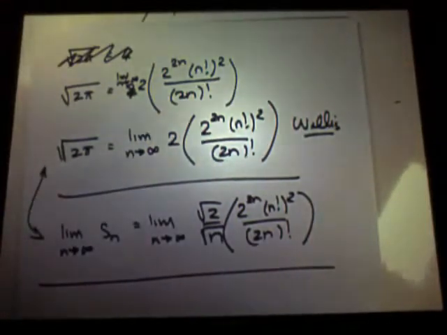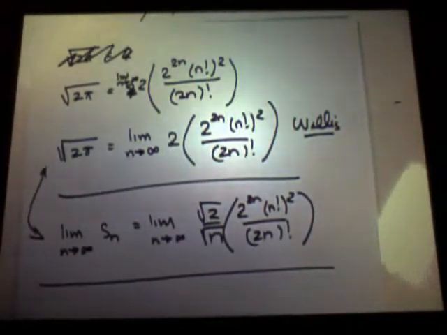Remember, the limit as n goes to infinity of S_n is the limit of n factorial over n to the n square root of n e to the minus n. So if we can get this S_n limit, we'll go back and plug that in.